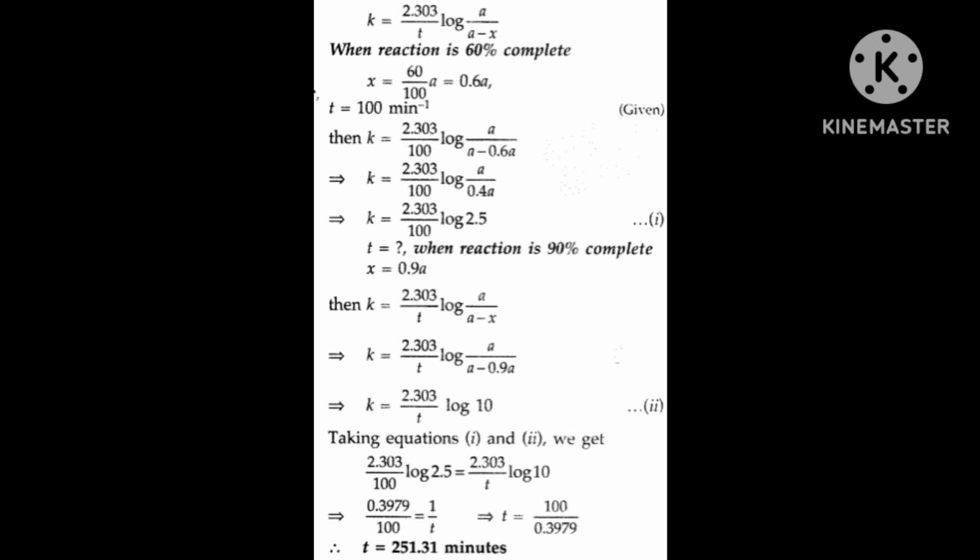Then p by b is tan theta, which is equal to the slope, and here the slope will be k upon 2.303.